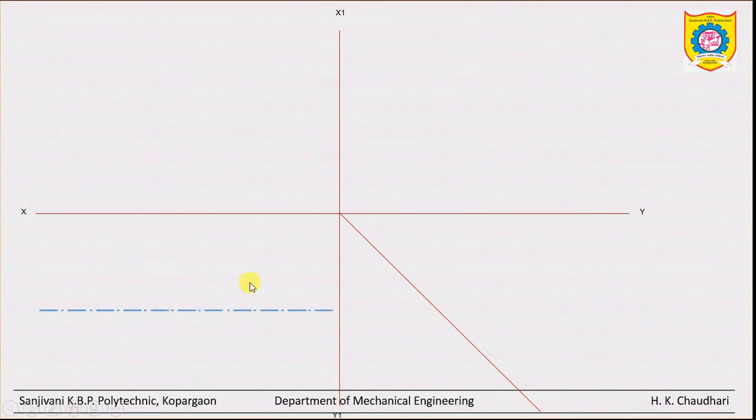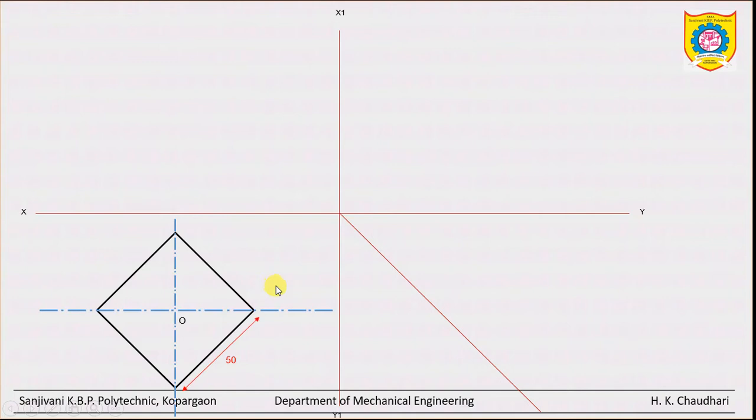Now draw the top view of the prism first. So as usual, draw these diagonals and taking this O as a center, complete the square of side 50 mm.